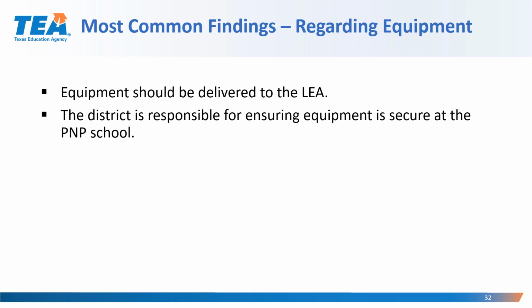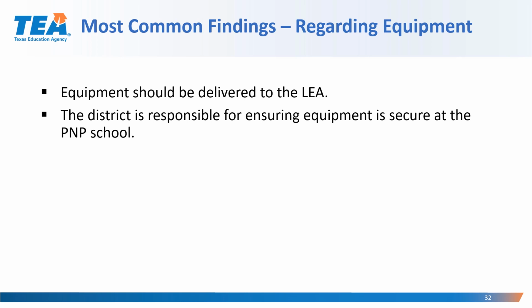The most common findings regarding equipment is that the equipment was not always delivered directly to the LEA first. Equipment should not be delivered to the private school. The LEA should deliver the equipment and ensure that it is in a secure place at the private school.